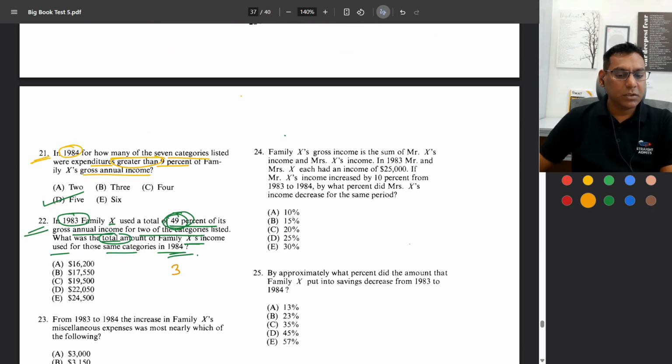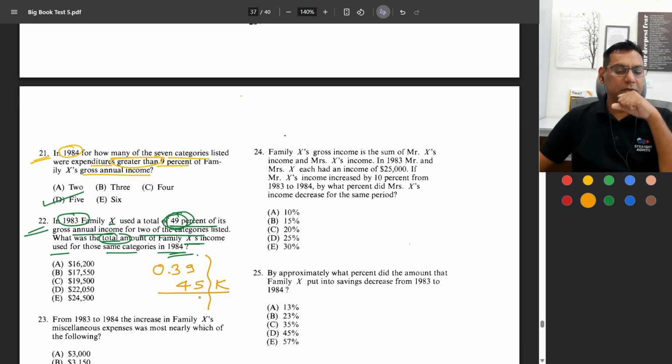So 39% of $45,000 is going to be what? This is in thousand and this is in percentages, so that's fine. Let's first get the numbers right. So this is going to be 5. It has to end in a 5.